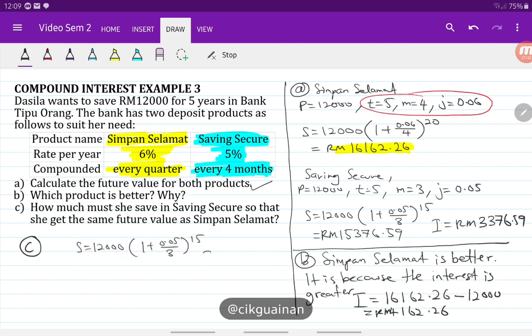The problem is we want to know the principal. And how about the S? The S is the future value of Simpan Selamat, which is 16,162.26.